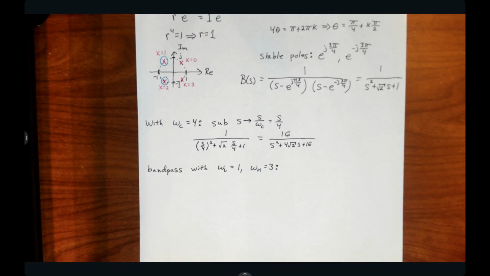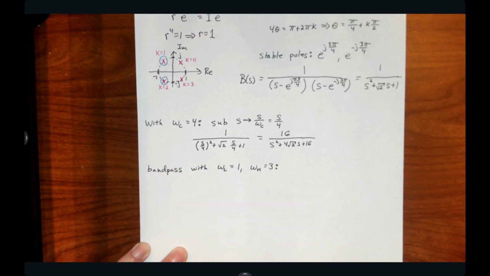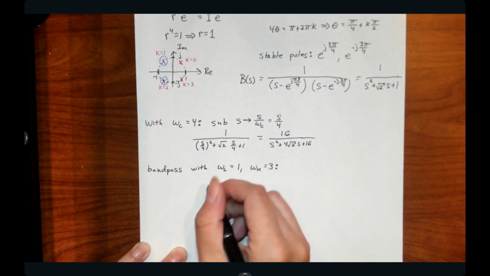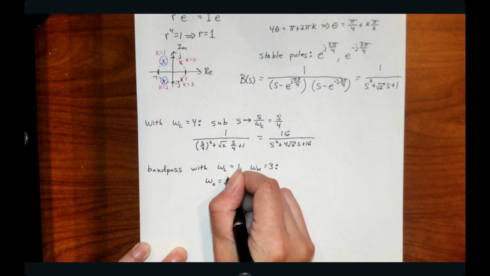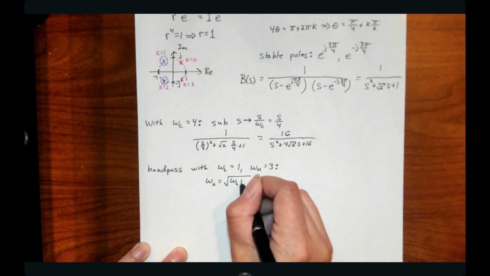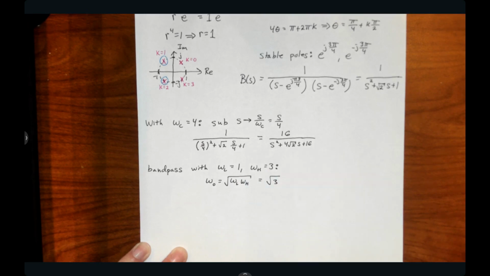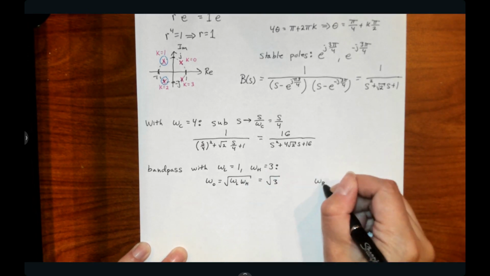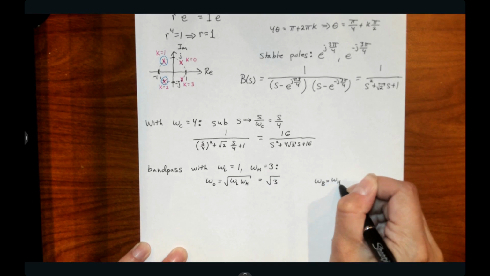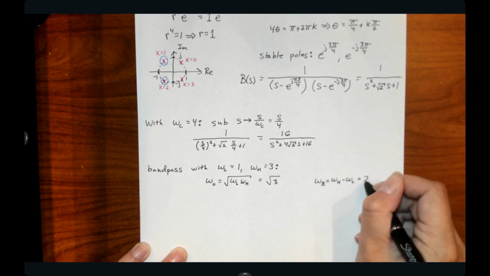The bandwidth and the cutoff frequency. But we can get those values from our low and high cutoffs. So we have omega 0 equals square root of omega L omega H, which gives us square root of 3. Our bandwidth is the high minus the low cutoffs. It's going to be 2.